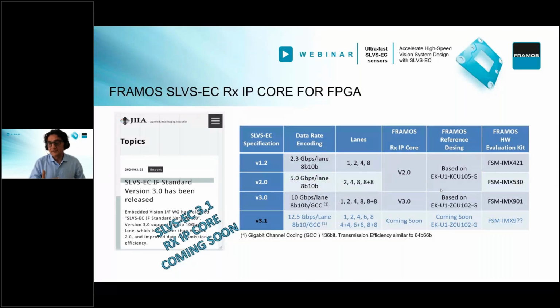It has different versions, and FRAMOS is doing the IP core to receive the data stream, which is compliant to the standard as it is specified. We have 2 versions right now supporting low speed and high speed, and the highest speed at 12.5 gigabit is coming soon as well.